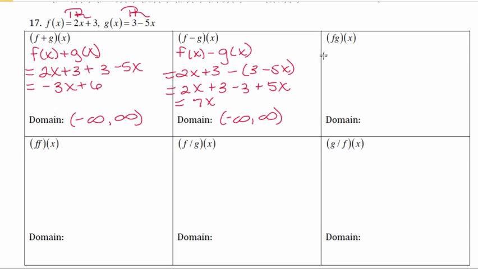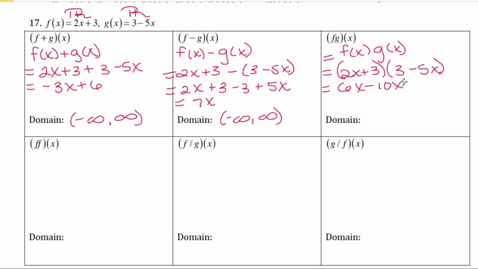Let's do f times g of x, which is just f of x times g of x. My f of x function is 2x plus 3, and my g of x function is 3 minus 5x. I need to use parentheses when I'm multiplying each of these functions together. And then we're going to end up having to FOIL. So I have 6x, then minus 10x squared, then 9, and minus 15x.